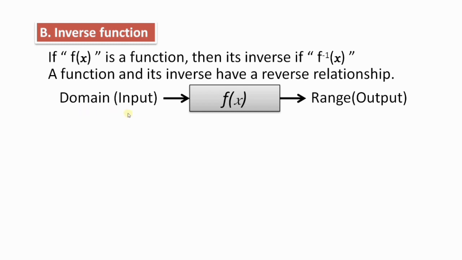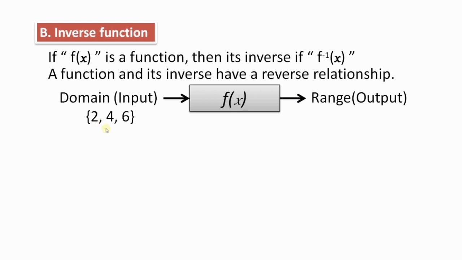If we have an input, which is the domain, into a function, which is the machine, that is going to do all of the workings in dealing with the domain, and it sends out an output, which we call the range.